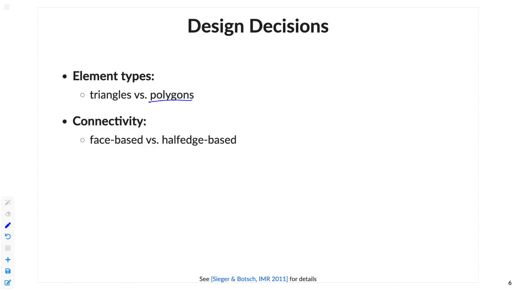Then the question is how to store the connectivity. Do you store it in a face-based data structure or an edge-based or half-edge-based data structure? And because with a half-edge-based data structure, you have all the different entities like vertices, edges, half-edges, and faces, and all these entities have a constant size, we decided for a half-edge data structure.